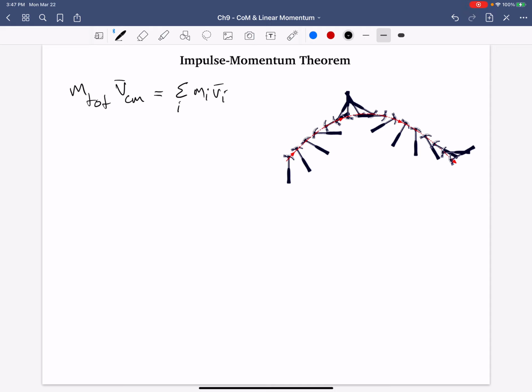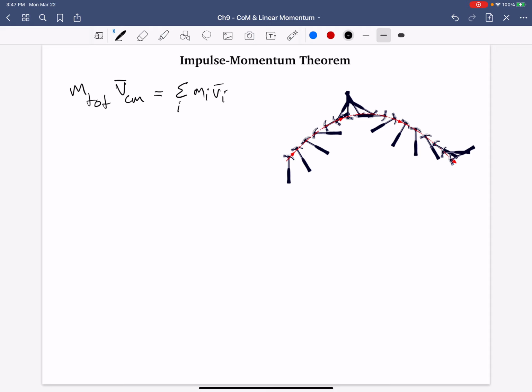And I'm writing this as velocity now, not speed, okay? So if the center of mass moves in space, that has to take some time, right? Well, let's see what happens if this changes, okay? If the velocity changes. Well, you know there should be an acceleration. So let's see where that comes from.